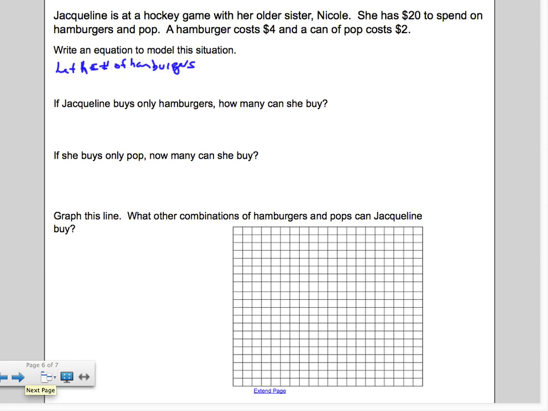P. So let P be equal to number of pops. So what's the equation you think that we could come up with? Determine the number of pops and number of hamburgers that Jacqueline and Nicole can buy.